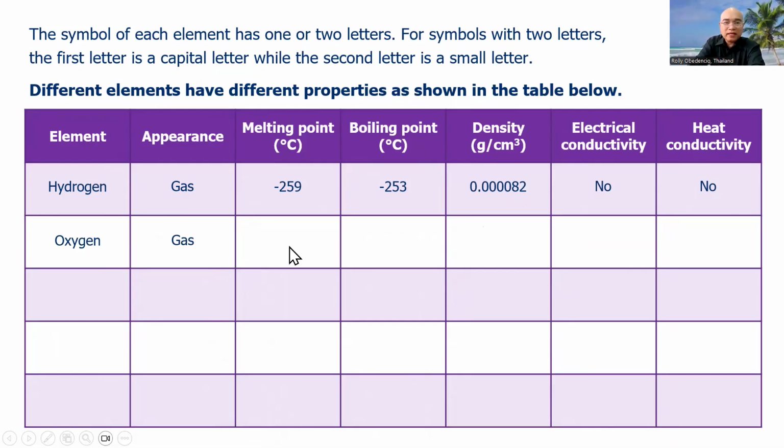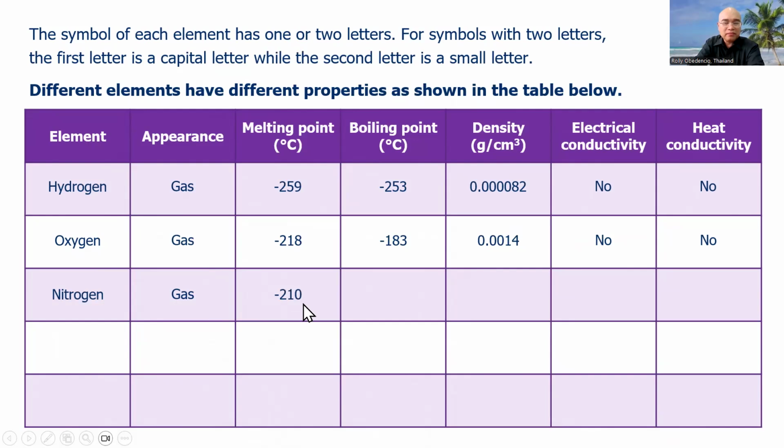Now you can also see the oxygen. The appearance is gas. Melting point is minus 218 degrees centigrade. Boiling point is minus 183 degrees centigrade. Density is 0.0014 grams per cubic centimeter. And then you have the electrical conductivity, which is no, and heat conductivity, no. Nitrogen is also gas.